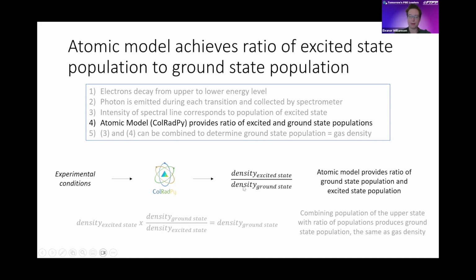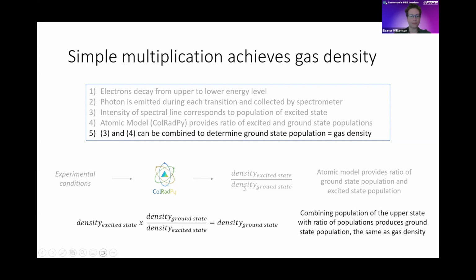Again, the density and the population essentially mean the same thing here. Now, the population of the excited state and the population ratio can be combined to get the density of the ground state. And of course, that's exactly what we're trying to do. That is the entire diagnostic.